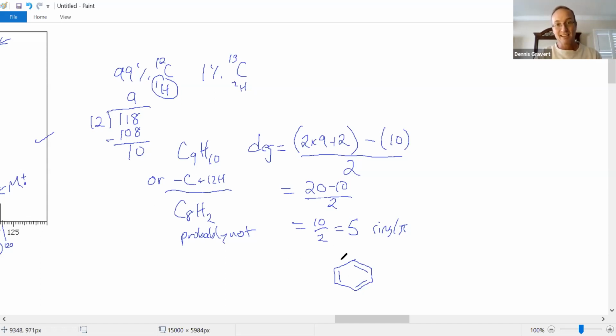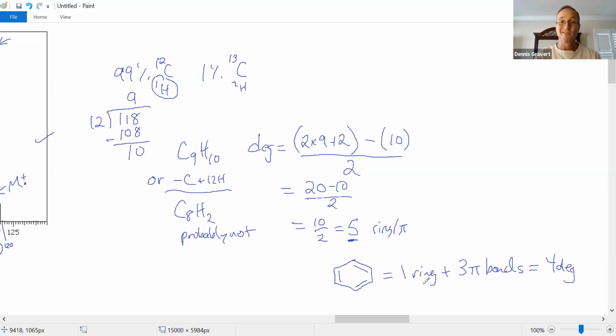It's likely to have a benzene ring in it because benzene has 1 ring and 3 pi bonds for 4 degrees. So anytime you calculate the degrees of unsaturation and you get a number that's 4 or greater, suspect benzene. That'll probably lead you to the right answer more frequently.